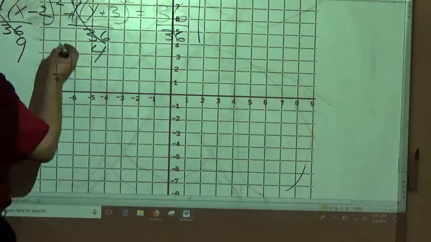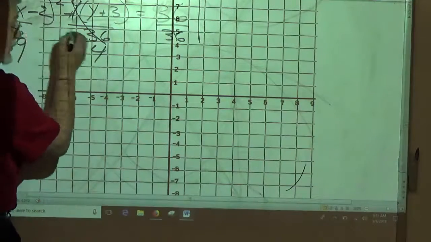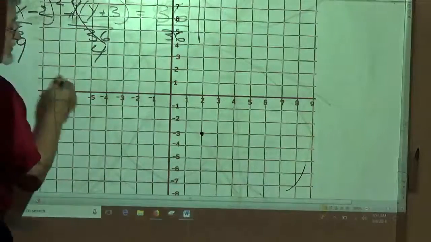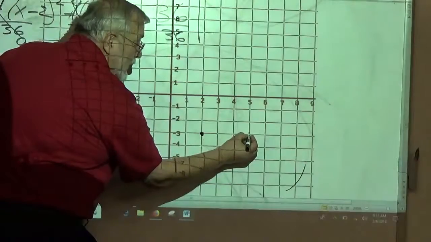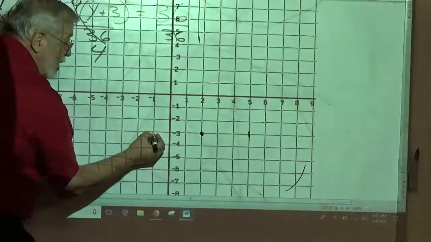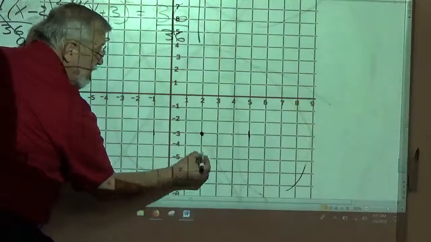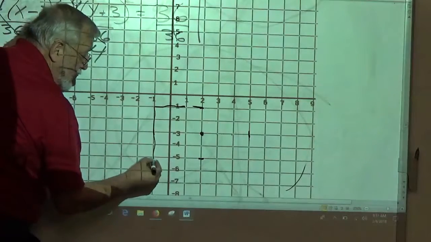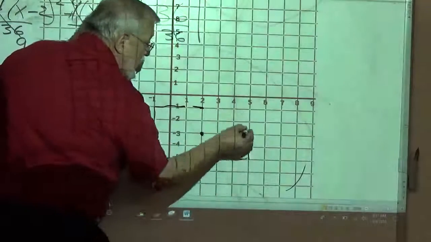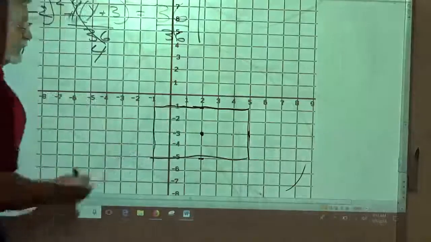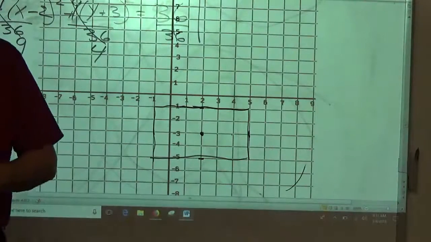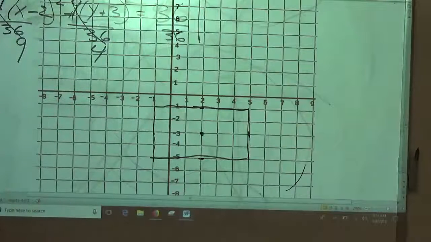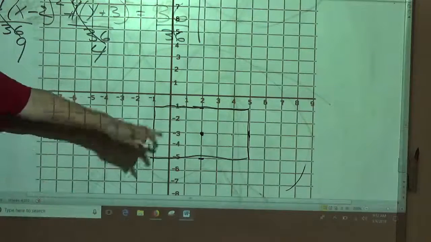And so my box, which sits at 2, negative 3, will have an x direction of 3 and a y direction of 2. And so my box looks like that. Okay, now, on your paper, draw that box. Just make a box that looks like a rectangle that way.